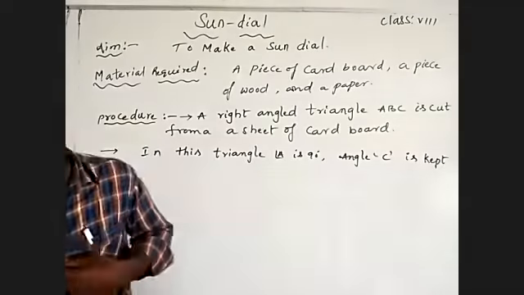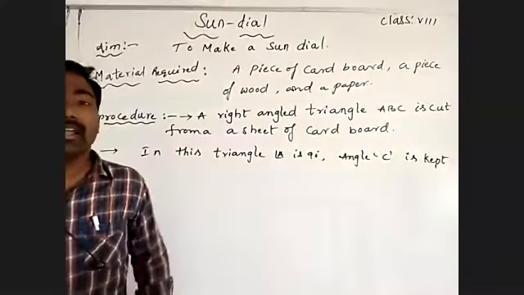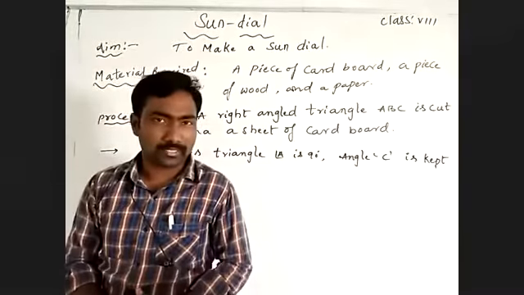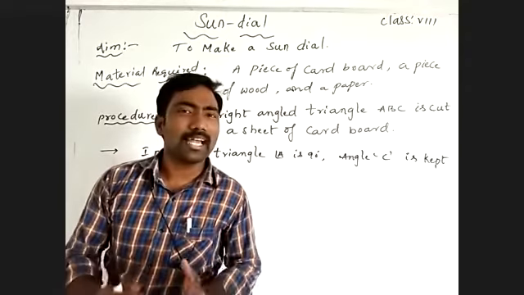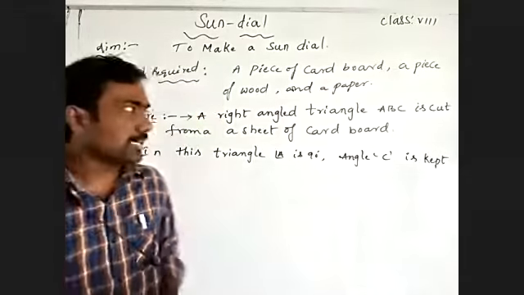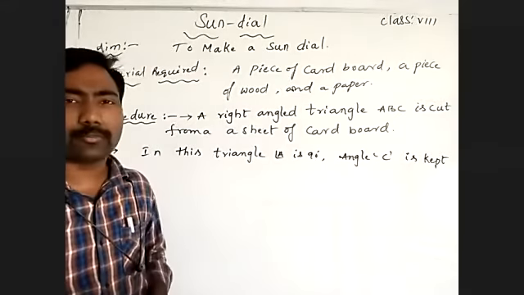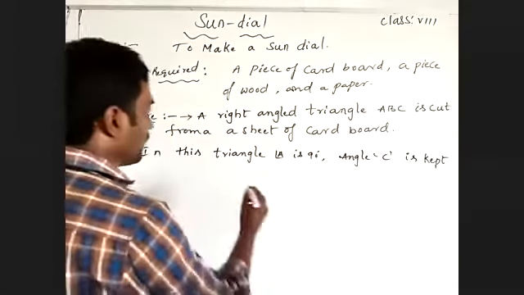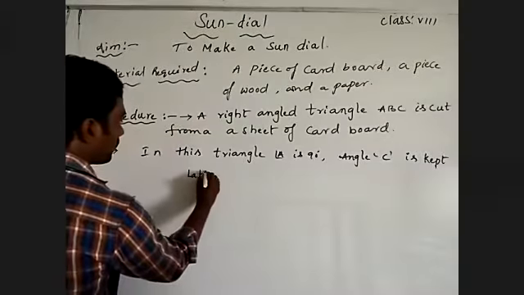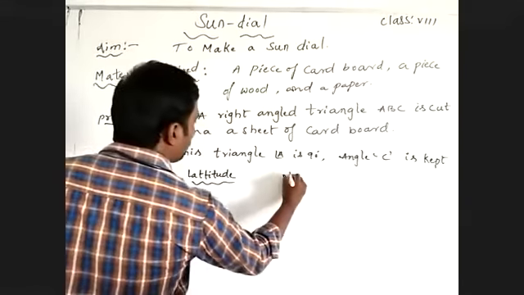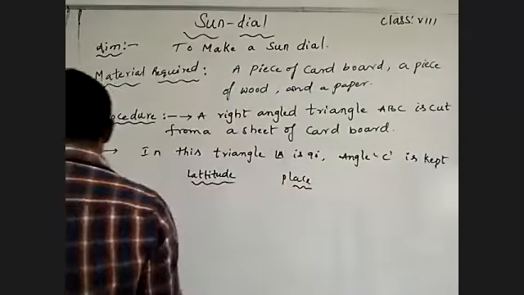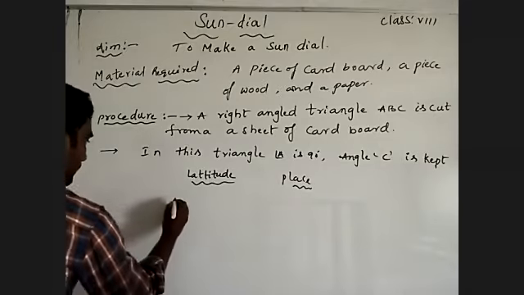Latitude of our places. There are different latitude values for different places. Let me note down the latitude of the places. Latitude and place. Coming to that, let's talk about Chittoor.